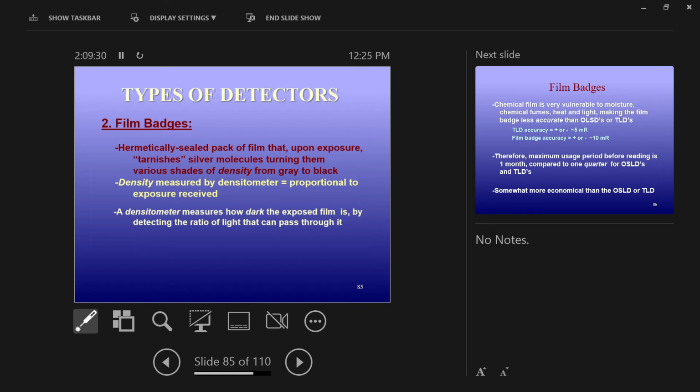Okay? The film gets denser, darker, okay, the more that the X-rays expose it. And you can use something called a densitometer to measure how much exposure was received at the film. So the densitometer, as it says, measures how dark the exposed film is by detecting the ratio of light that can pass through it.